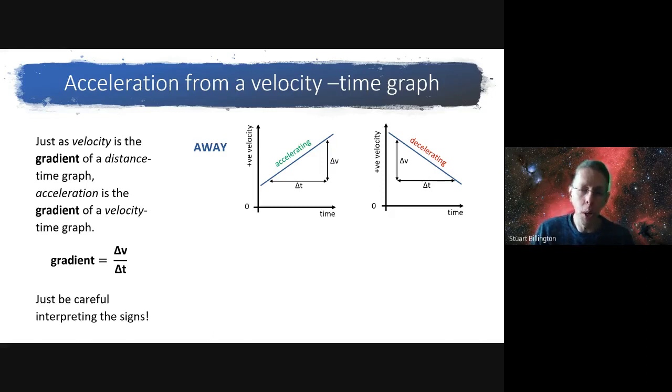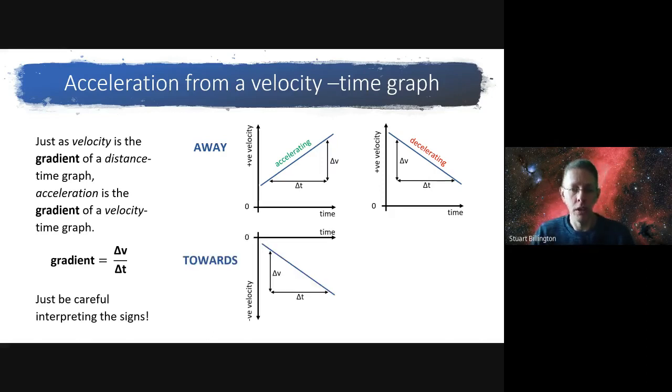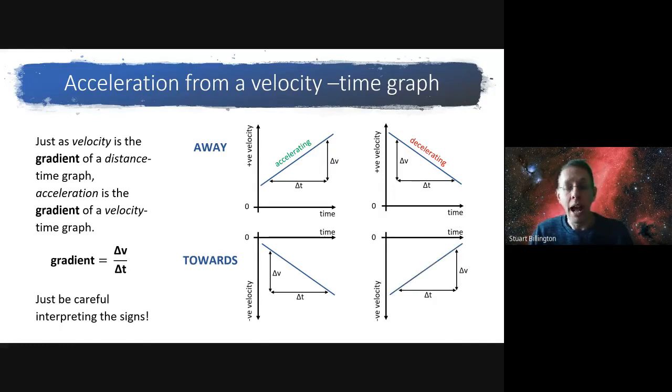However, if we go below the time axis so that the motion is towards us, here are negative velocities getting more negative, and here are negative velocities getting less negative. So the accelerating and the decelerating are still apparent, but you can't just go with a simple sloping downwards, because here we've got sloping upwards is accelerating, but here sloping upwards is decelerating.